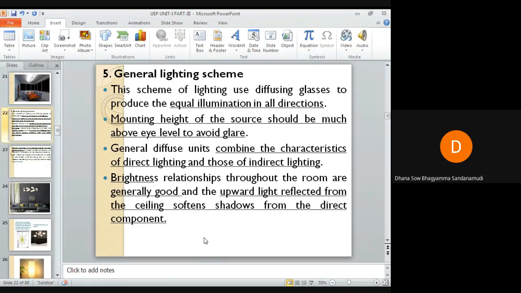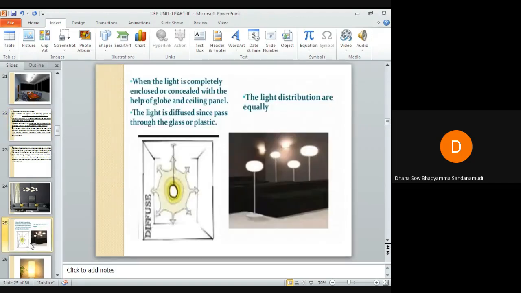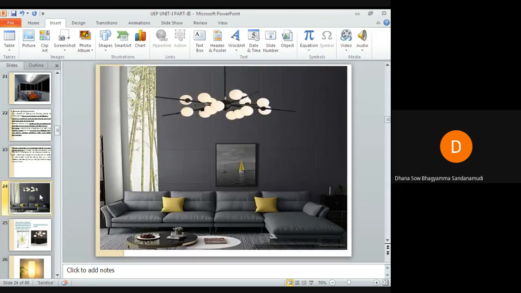Since the light rays are distributed uniformly, the luminous flux lines traveling towards the ceiling will soften the shadows of the direct light component. Some of the light rays are focusing towards the surface. So this is an example.